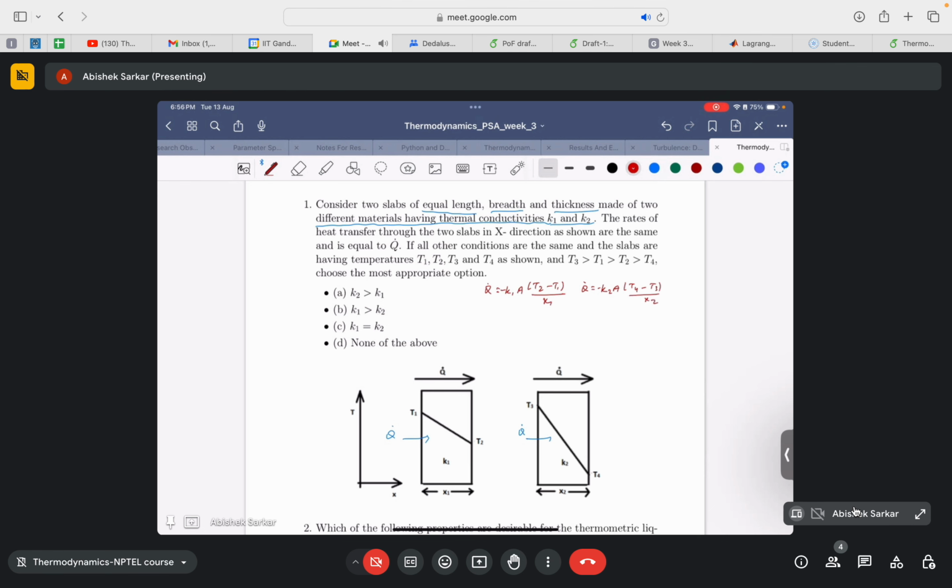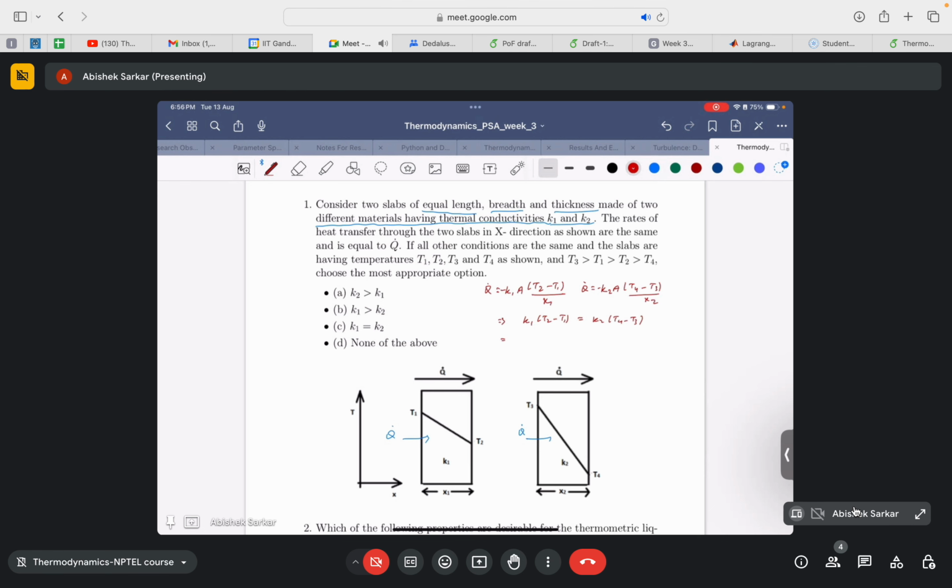Now since the net heat transfer rate is the same for both slabs, we can write K1 times (T2 minus T1) is equal to K2 times (T4 minus T3).